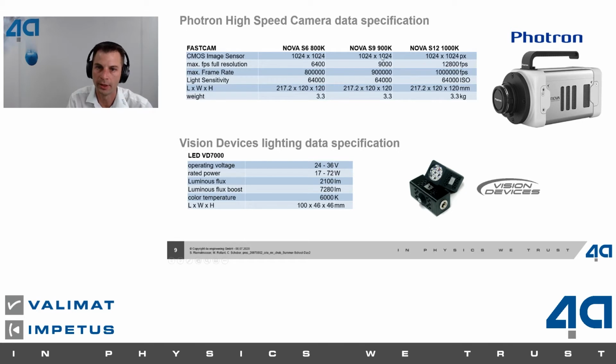The sensor is all the same, and the full resolution with the maximum frames per second are slightly different, and we can achieve in our systems with the setups about 20,000, 30,000 frames per second, but you will see it later on in detail on live testing. Additionally to the high-speed cam, you need, of course, for this an additional light device, which the information will be shown here down.